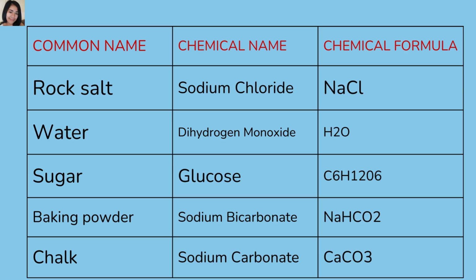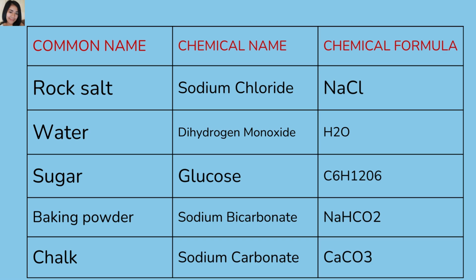I hope alam niyo kung paano magsulat. Basta always remember that in writing the chemical symbol of an element, basta isang letter lang, it should be in capital letter. And pag dalawa naman yung letters, just like for example, for Na, it should be capital letter yung nauna, and for the second letter, it should be small letter.